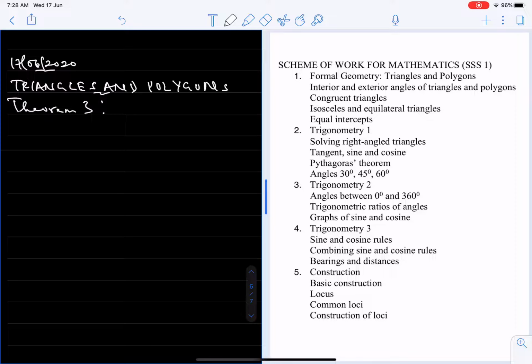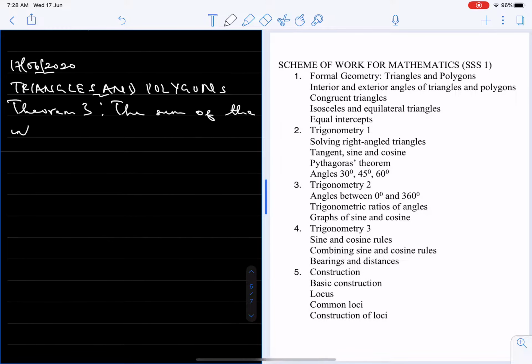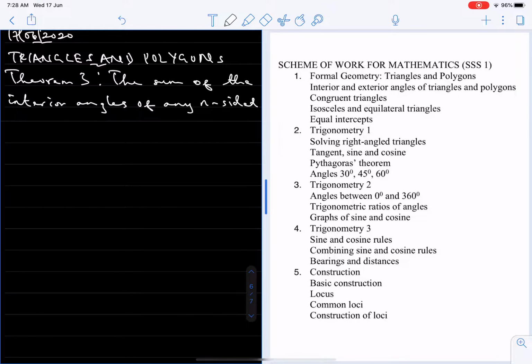Now here, our third theorem is the sum of the interior angles. That means the angles inside any n-sided polygon, and any here means whether convex or not, whether regular or not.